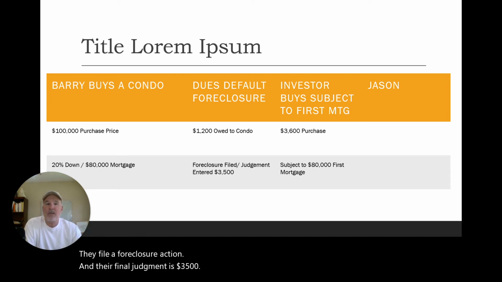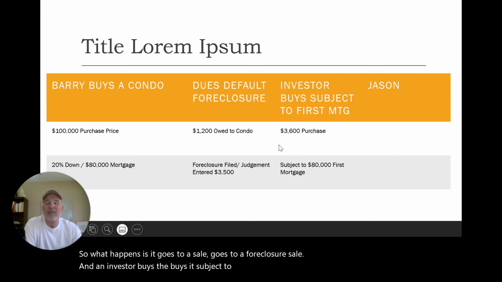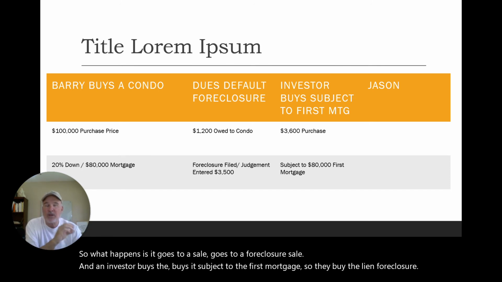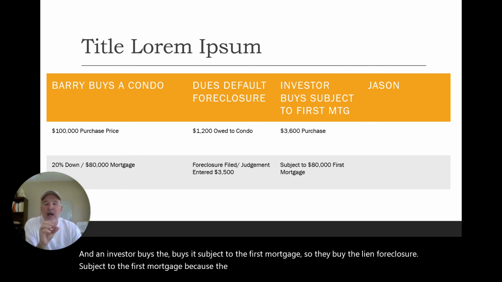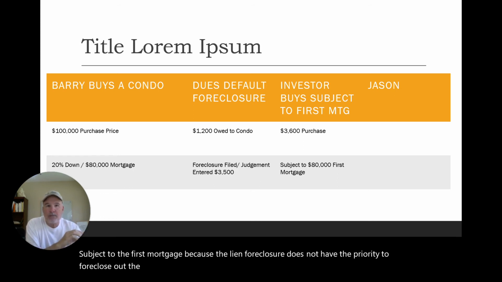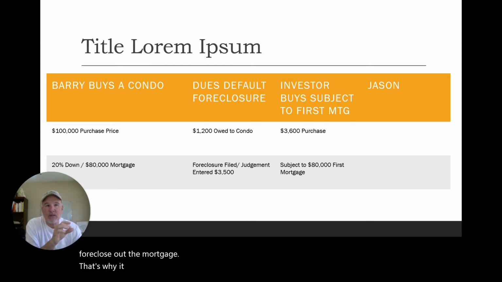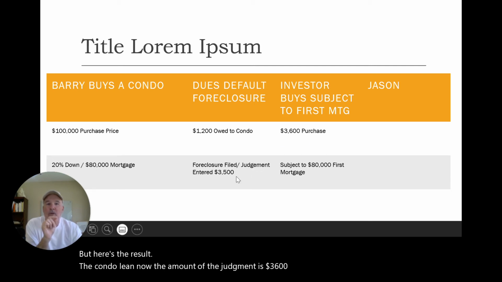So what happens is it goes to a foreclosure sale, and an investor buys it subject to the first mortgage. So they buy the lien foreclosure subject to the first mortgage because the lien foreclosure does not have the priority to foreclose out the mortgage. That's why it happens. But here's the result. The condo lien, now the amount of the judgment is $3,500.